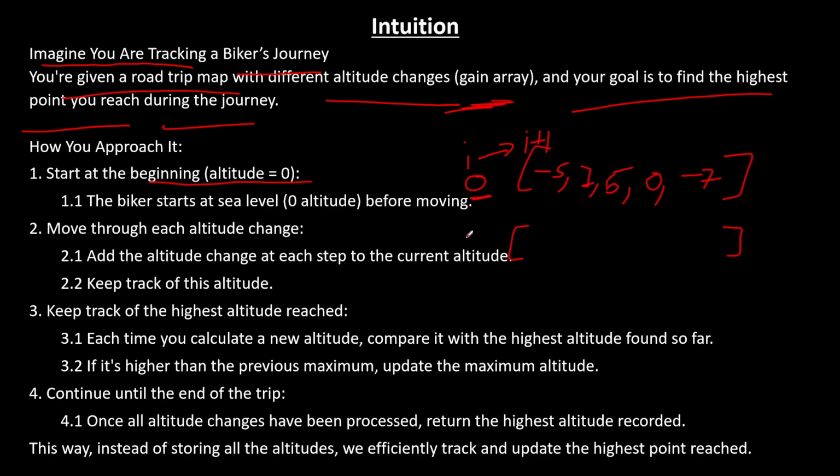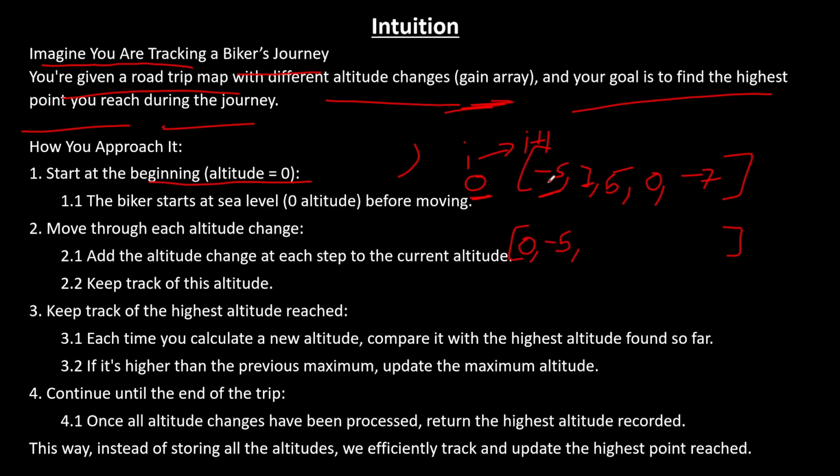When we're standing at 0, the sum is of course 0 till now; altitude is 0. Now, when we move from I to I plus 1, we sum up the values of the previous altitudes plus the current altitude. Previous is 0 and now it is -5. If we make the summation, we get -5.